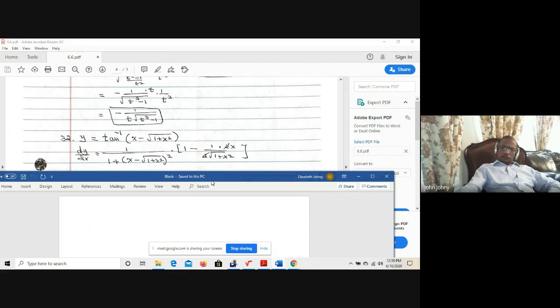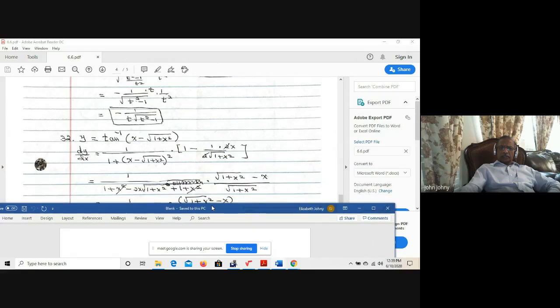So that is going to be 1 divided by 1 plus the argument, this is called the argument, square, multiplied by the derivative of this part. So that is 1 minus 1 over 2 times square root of 1 plus x square times 2x. 2 cancels. And a simplification is possible.